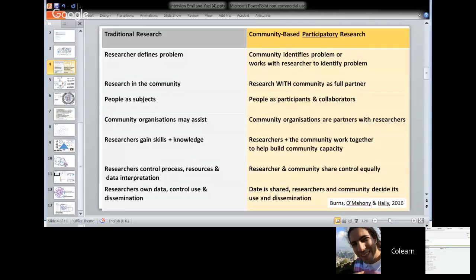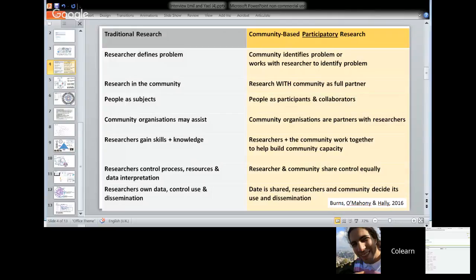And then we have the community organizations interacting as well. In terms of research and skills, what's interesting is the possibility of building community capacity, and the control. However, this process is not easy, because we have the community interacting all the time.